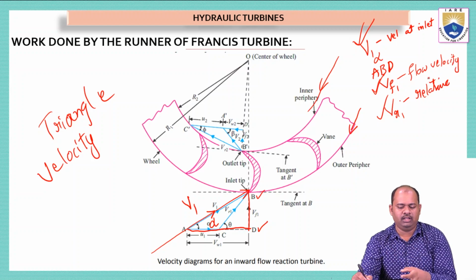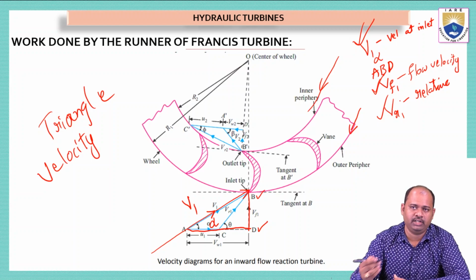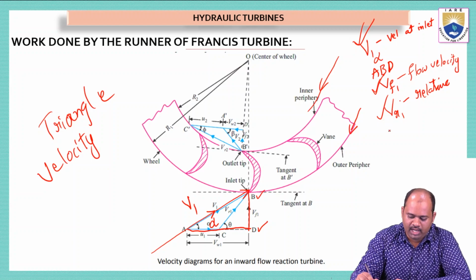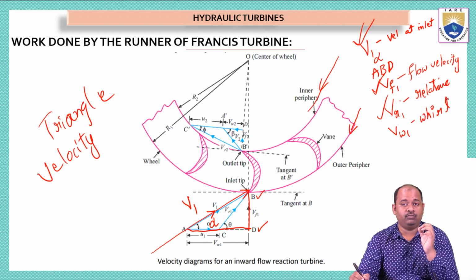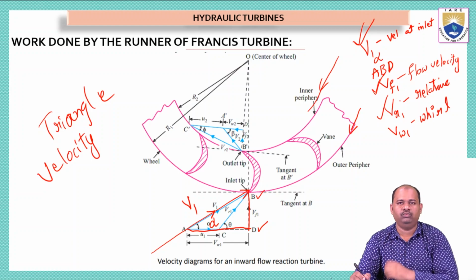Then we have VW1, which is the whirl velocity. This whirl velocity is the key thing along with VR1. VW1 is the key thing which will make the vane move.